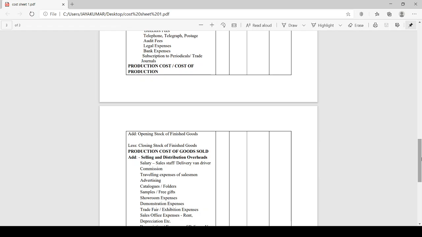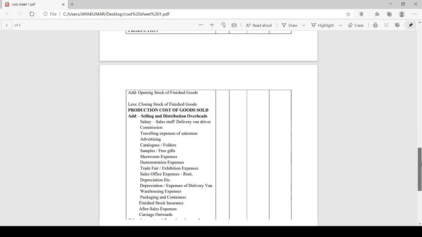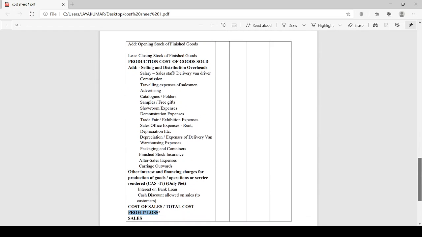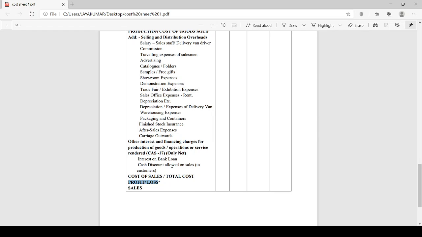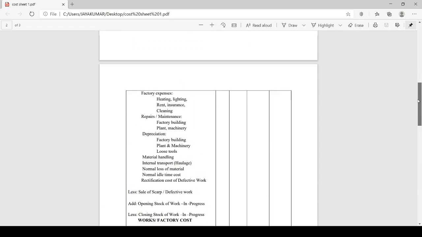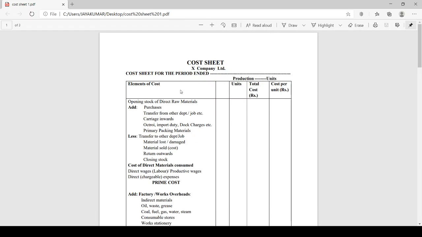We got production cost of goods sold. To the production cost of goods sold, we have added the selling and distribution overheads and the two items as per Cost Accounting Standard 17. We got the total cost. Then from the sales, if we deduct the total cost, we get the profit or loss. So this is the format of a cost sheet. The columns which are used: units, total cost and cost per unit.